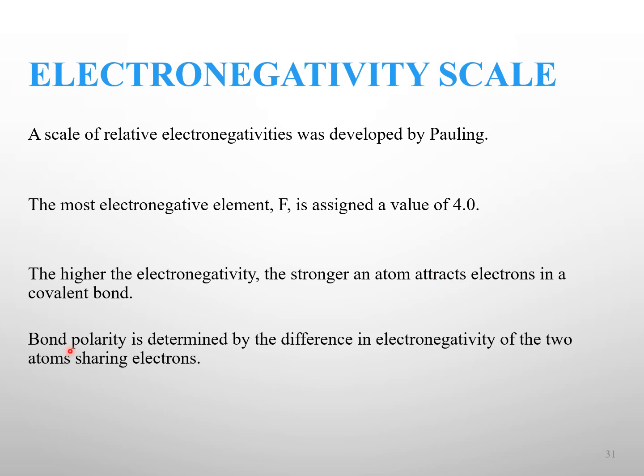Bond polarity arises because one atom pulls the electron density more than the other. It'll be uneven sharing, causing a polar covalent bond. If they share equally, with the same electronegativity, then the bond will be nonpolar covalent.